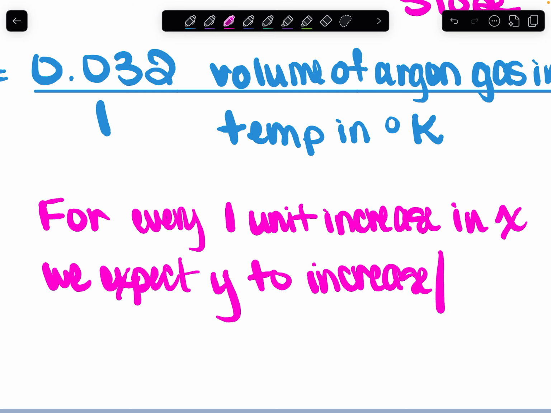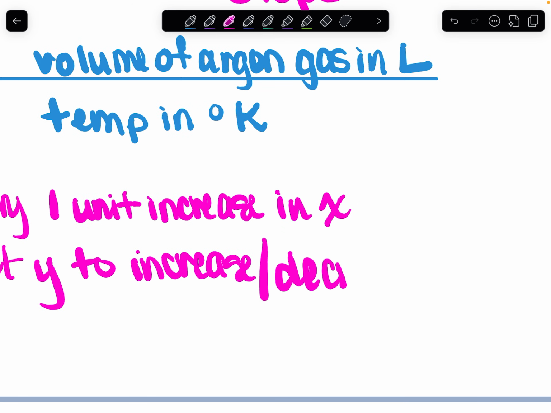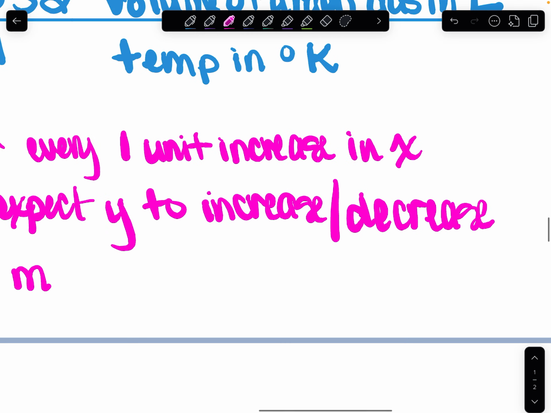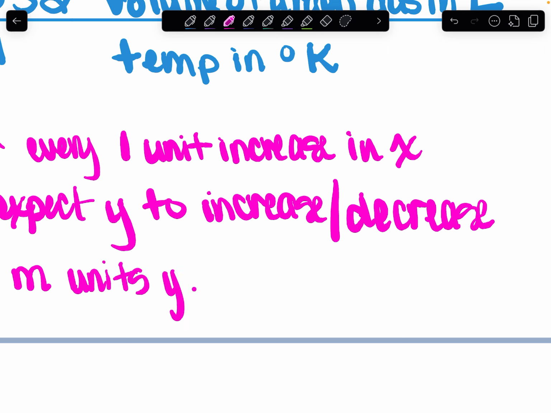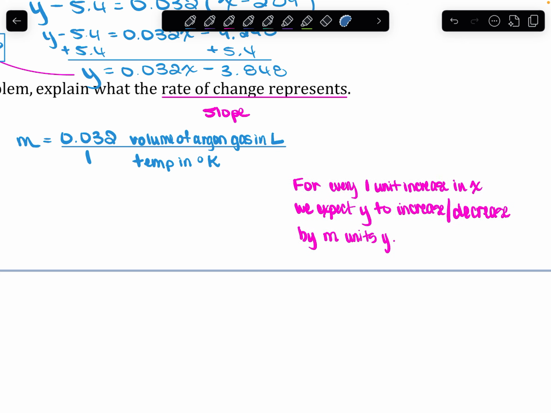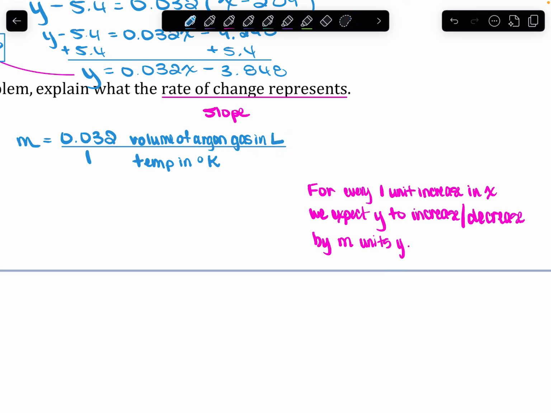So it's going to depend on whether it's positive or negative. So y is either going to increase, go up, or decrease, go down by whatever m is, so that's your numerator, units for y. So for every time x goes up by 1, y goes up or down by whatever m is in those units for y. So this is your generalized interpretation. So what we want to do is take that and make it specific to this problem.